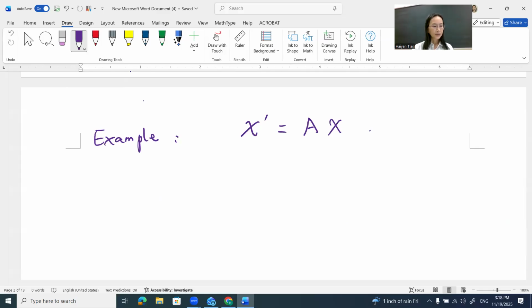Suppose we start with even a second order system. Maybe in reality you do not always have a first order.